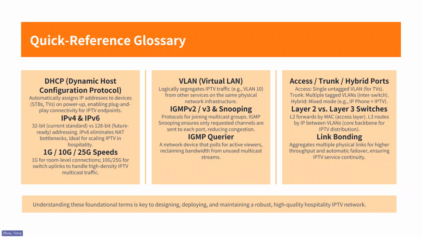We have access, trunk, and hybrid ports, which can carry different numbers of VLANs. A trunk can carry all the VLANs, access carries just one VLAN, and hybrid can carry multiple VLANs. Layer 2 is typically used for the access switch, and layer 3 for the core switch. Link bonding is typically used to increase bandwidth or redundancy of the connection between switches.